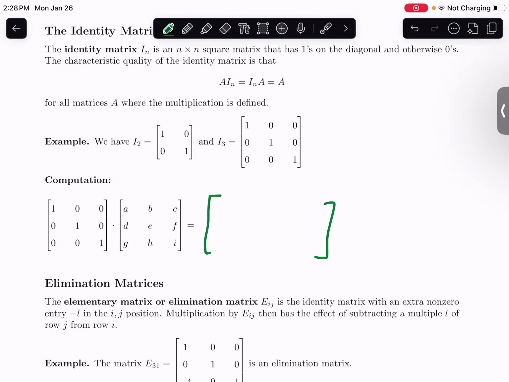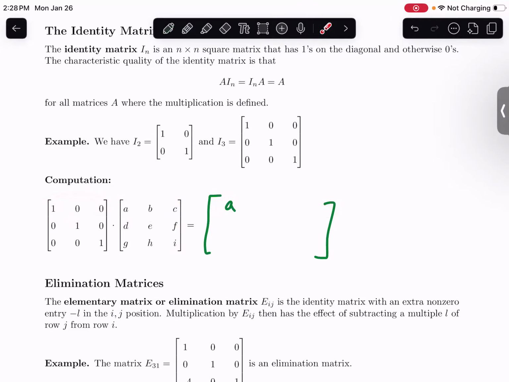The big idea is that the first row of the matrix product is given by 1 times the first row and then 0 multiplied by everything else. So you're really just capturing the first row of A when you perform this multiplication. It's like 1 times A plus 0 gives you A.